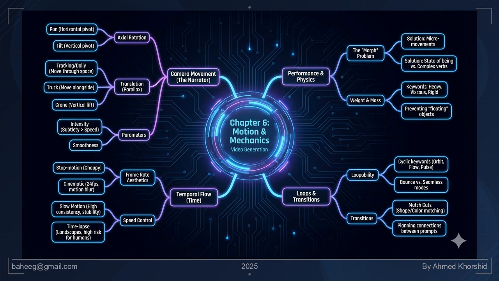Subbranch: speed control: slow motion, high consistency, stability; time-lapse, landscapes, high risk for humans. Branch: Loops and Transitions. Subbranch: loopability: cyclic keywords, orbit, flow, pulse; bounce versus seamless modes. Subbranch: transitions: match cuts, shape and color matching, planning connections between prompts.